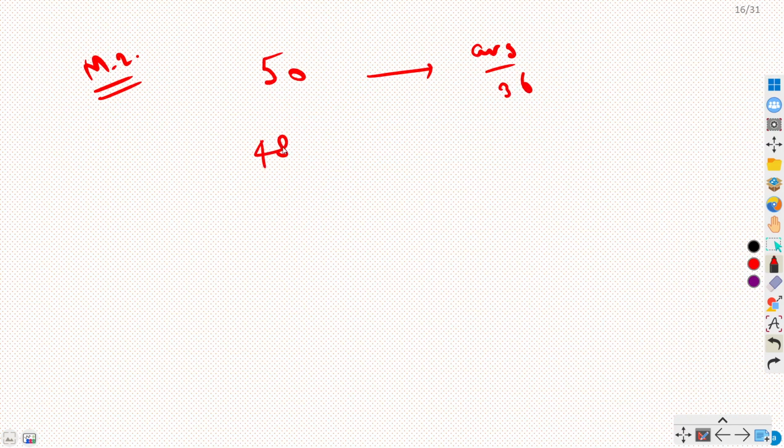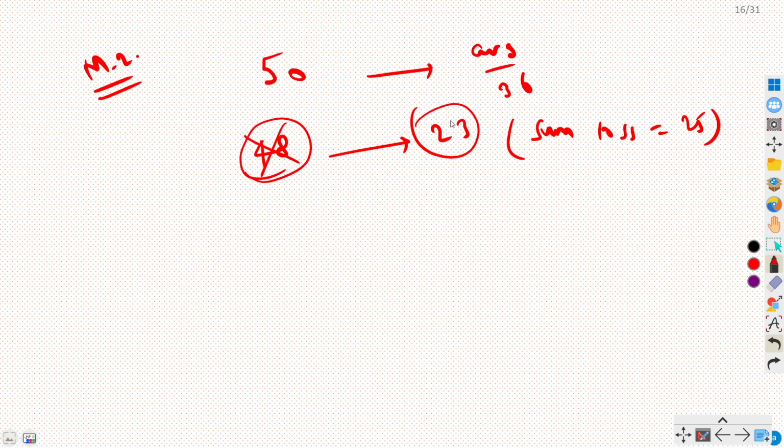Now I misread 48 as 23. So definitely there is a loss of sum, right? Sum loss equal to 25. Because I should have taken the value 48, but I am taking 23. I am taking 25 less, right?